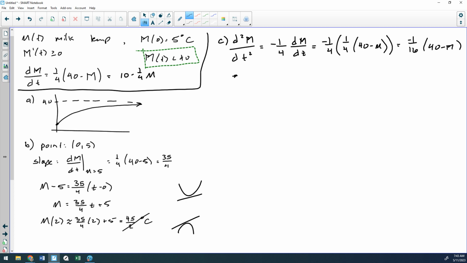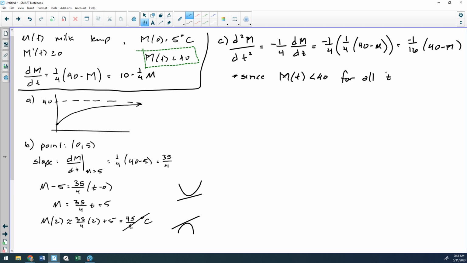So I'm going to say that since m of t, not m's. Why can't I write an m? I understand my writing is weird sometimes. Since m of t is less than 40 for all t, I'm going to go back and read how they describe that. They said m of t is less than 40 for all t. Okay, so that's what they said.